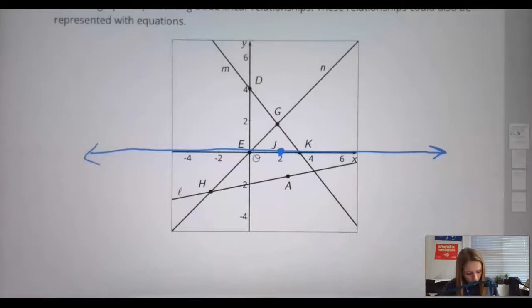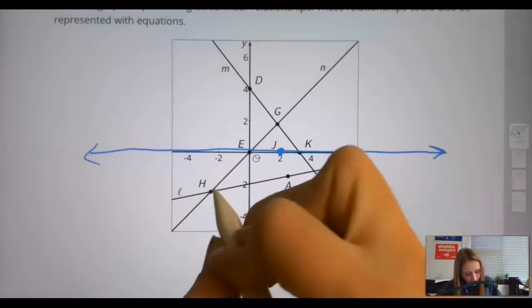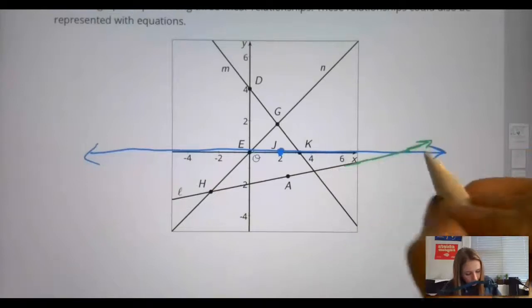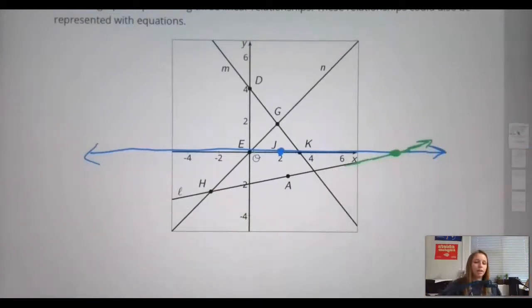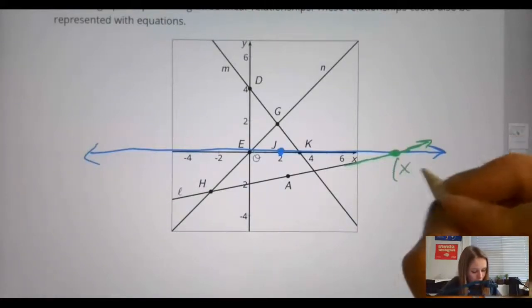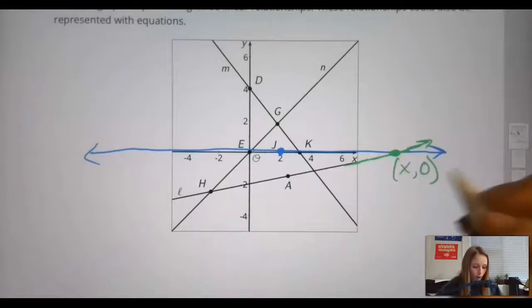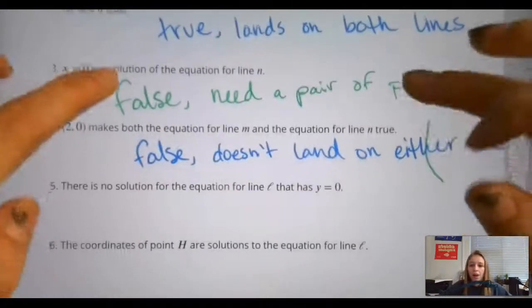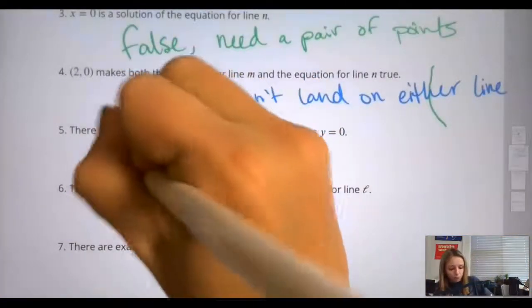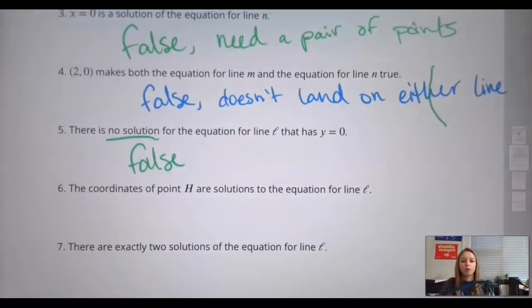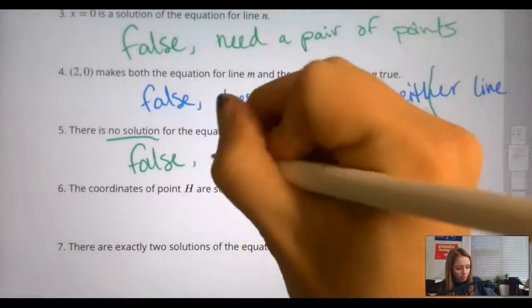Well, let's trace it out. And here we go. Eventually, if I were to extend this line, it would hit a point, and I don't know what the x value would be there, but that y-coordinate would be 0. So this would be false because there would be a solution. So we found the point that it would eventually hit.